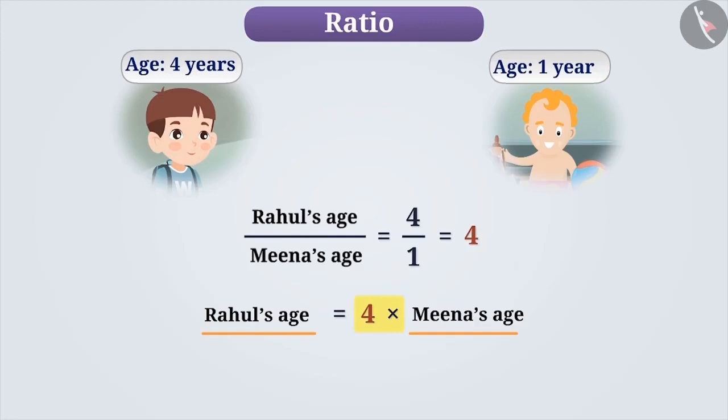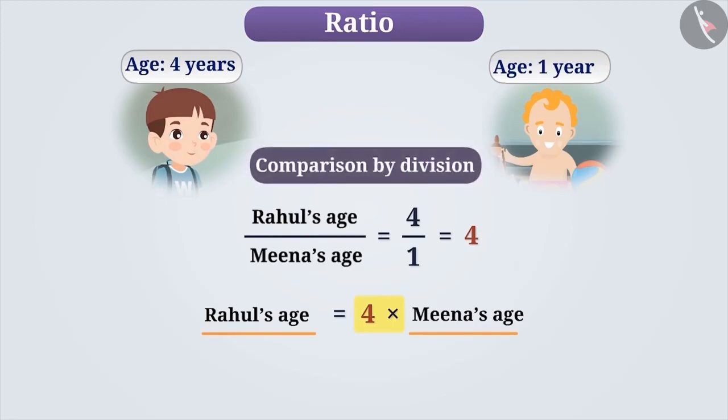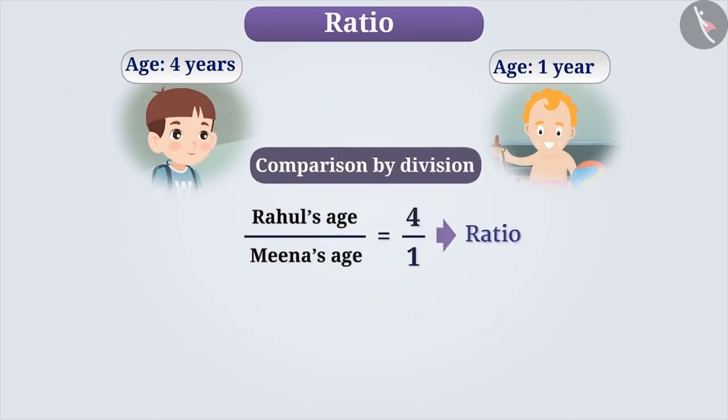The method in which we compare two quantities in terms of how many times is known as the comparison by division. In this example, year is used as the unit of age. We can say that the units of both the quantities are same. When units of two quantities are the same, then the comparison by division is known as ratio.